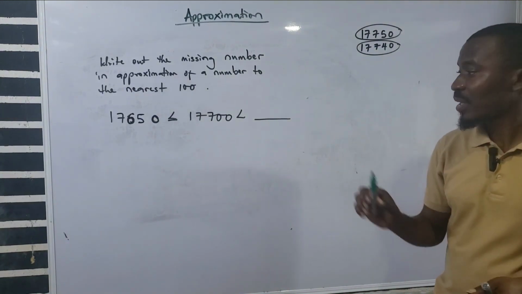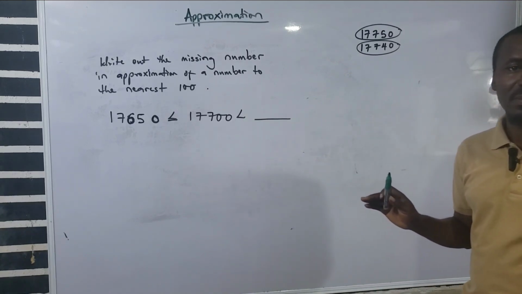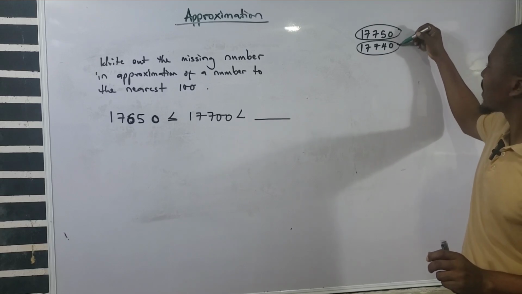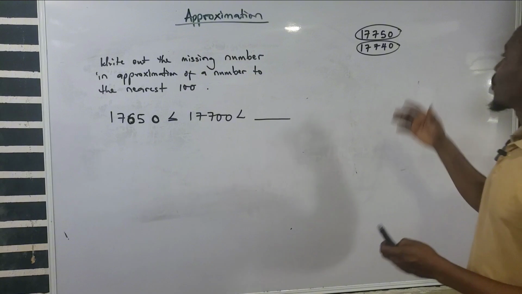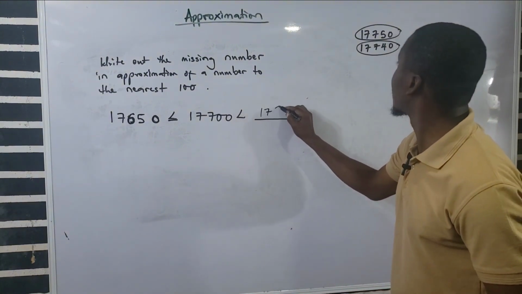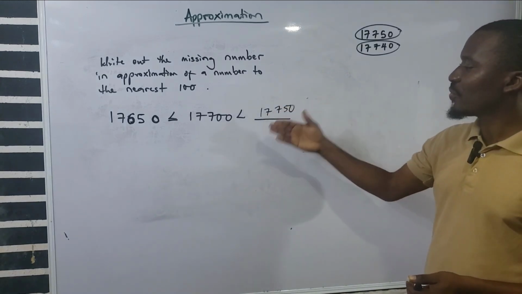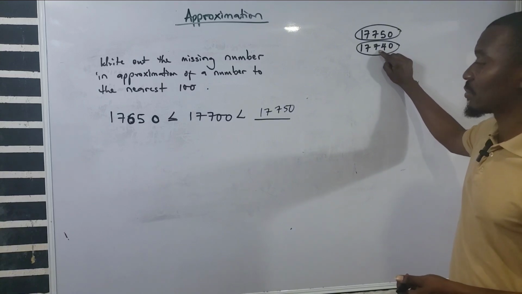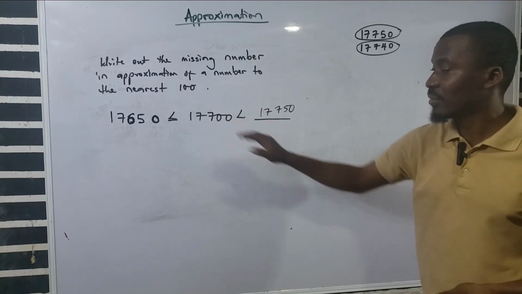But remember, they put strictly less than, so that number has to be less than. So the right one to put there is 17750. Why? Because we are looking for a number that is less than this, and the next number that is less than this is this one. So less than this that can be approximated to give you this.